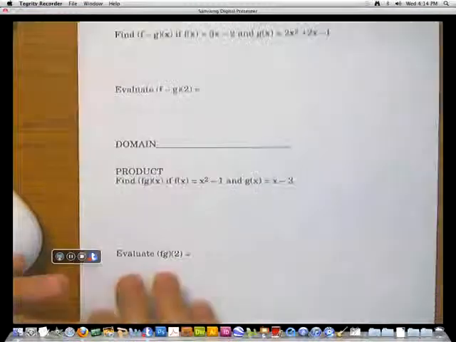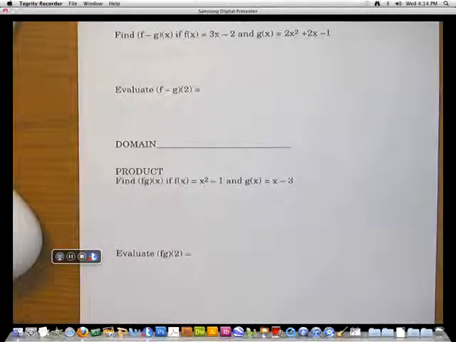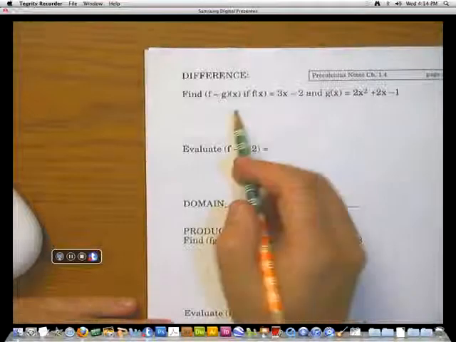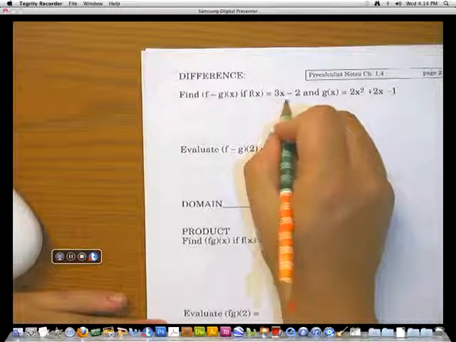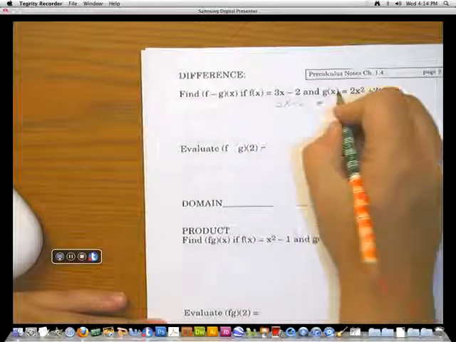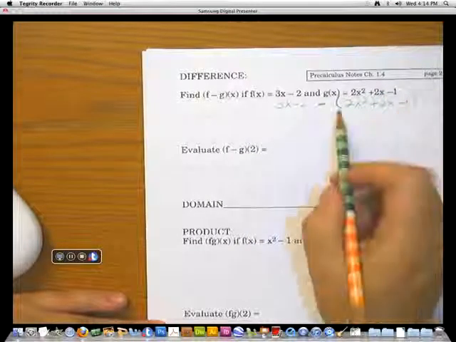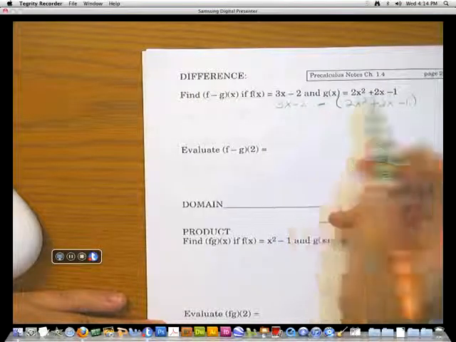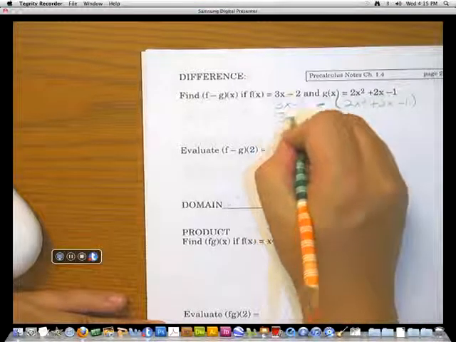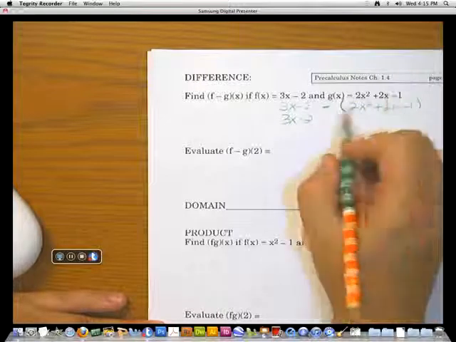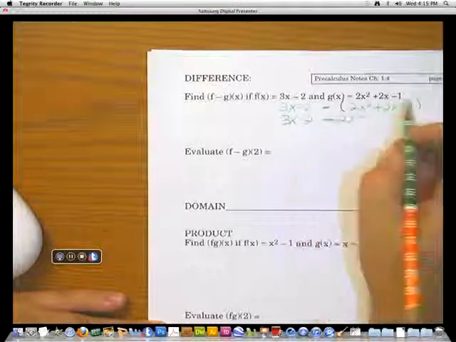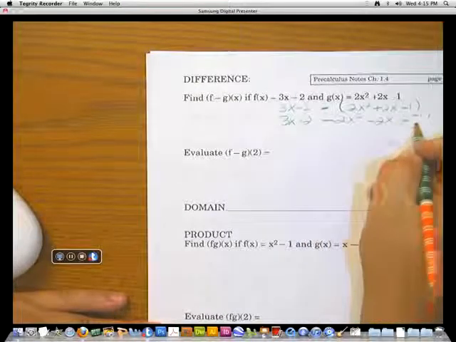Okay. Page 2. When I'm subtracting, I need to be a little bit more cautious, because when I am subtracting a function, I need to remember that I'm subtracting all parts of the function, not just the first part. So when subtracting, I do have to subtract all pieces, which means distribute that negative.